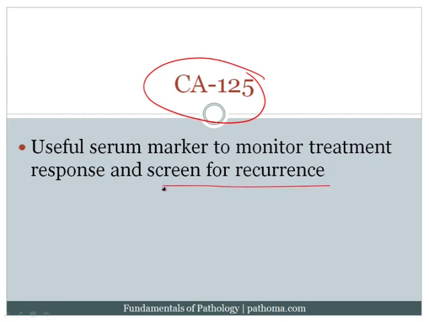So let's say that a woman comes in, she's got a history of serous carcinoma of the ovary, and at the time of diagnosis, her CA125 was high. Now she comes in, a year later after surgical removal, and she's having symptoms that suggest that there's recurrence of the tumor, and a CA125 is measured, and it's high again. That would be a pretty good indication that the patient now has recurrence. So that would be something to consider concerning CA125.